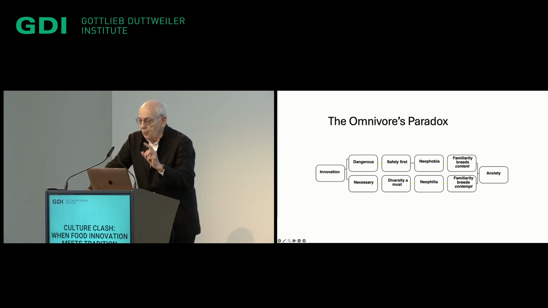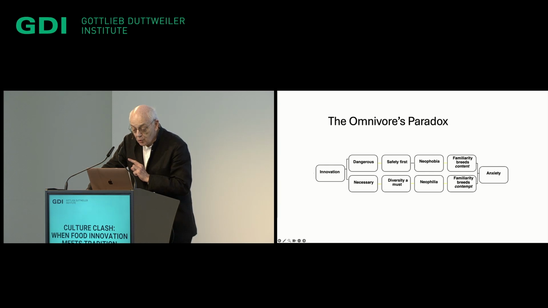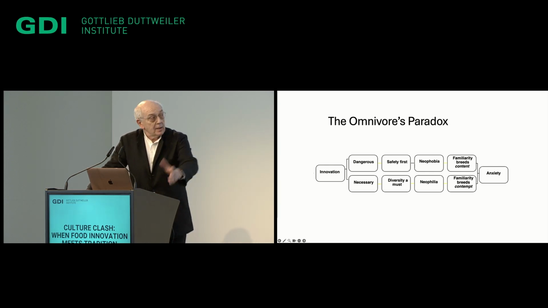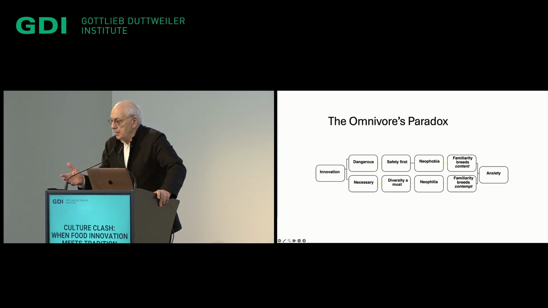But we're free to change diet, but changing diet is dangerous. We don't know what's novel could be toxic. So we have to be extremely prudent, careful. So it's safety first, but at the same time we have diversity, that is a freedom, but it is also a must for us.